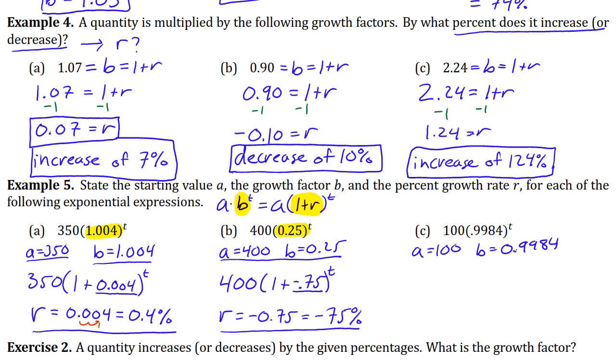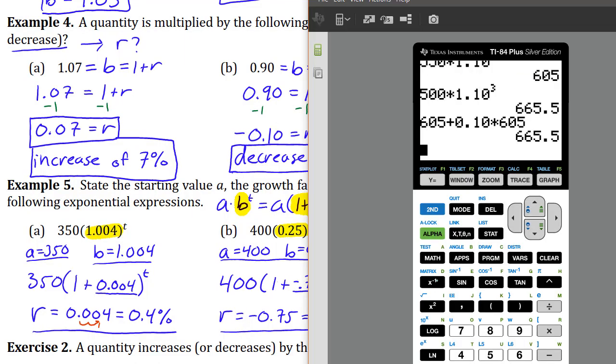And we could go through the same process as before if it's not obvious what the number r should be. If you're having trouble filling in this blank, you can always just say 0.9984 is equal to 1 plus r, and then just subtract 1 from that. And if you need a calculator for that, you're not alone. That's going to be negative 0.0016.